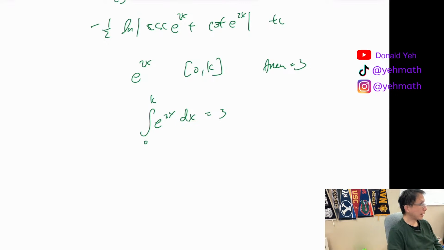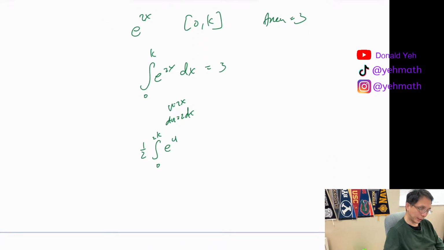So you write down the integral. You know u equal to 2x here, du equal to 2 dx. So integration of e to the u, this is a half, right? So this is 2k, this is 0. Is that okay? I plug in k.